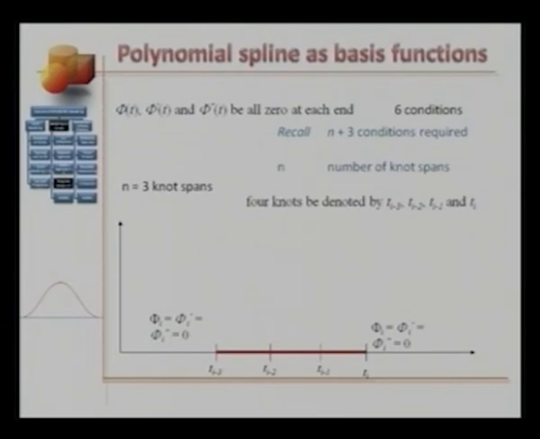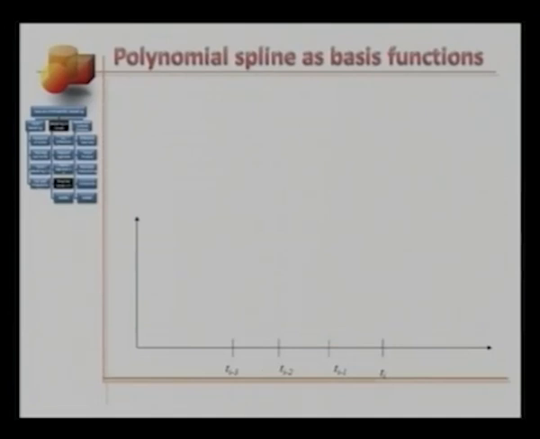One of the options can be that we can introduce another condition, and when doing that, we'll have to introduce another knot. Let's see what happens. Let's introduce another knot to the left, Ti minus 4.